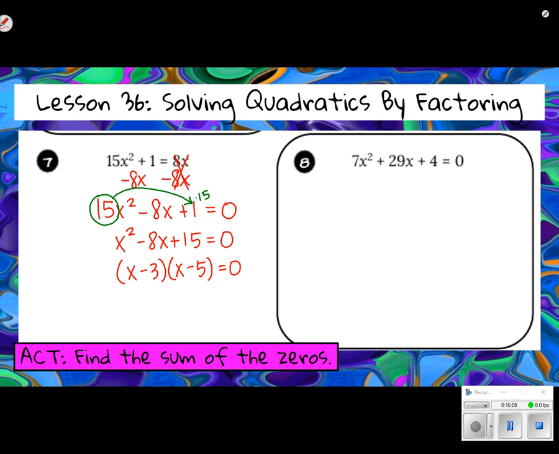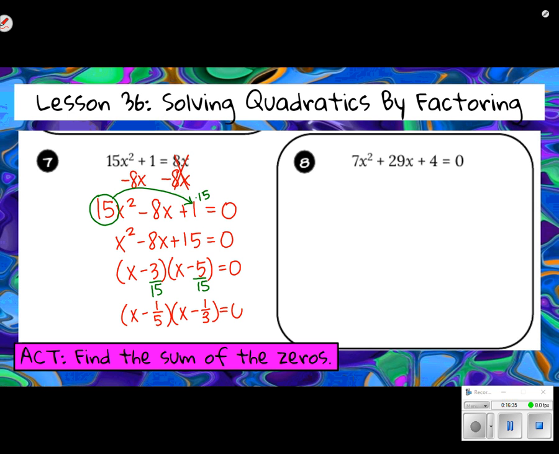Now, remember, I did slide, so I have to divide it. I know it's really tempting right now to just say 3 and 5 and move on. But I have to do that division piece. So I'm going to divide by 15. Divide by 15. And so I've got x minus 3/15 is 1/5. And 5/15 is 1/3.